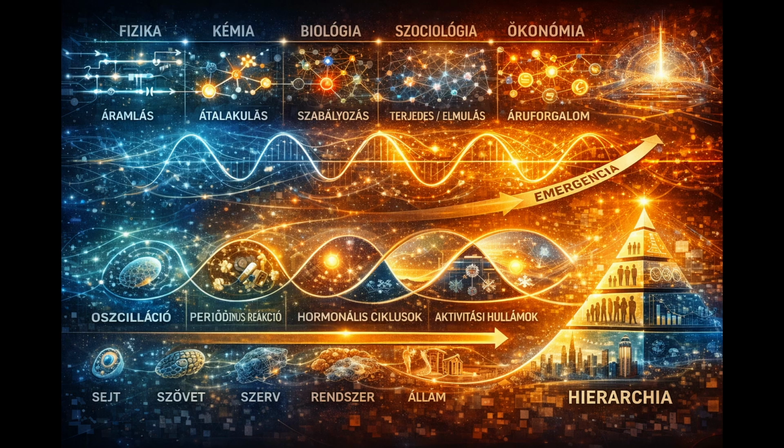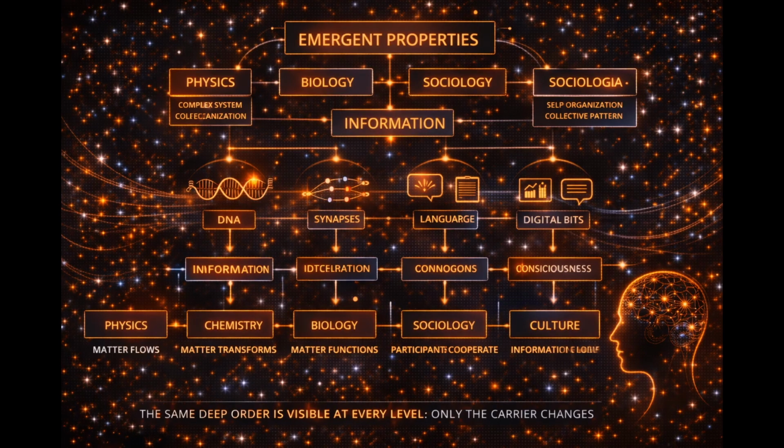Where difference exists, flow begins. In the cell, ions flow. On the planet, air and water flow. In society, information flows. In the economy, capital and goods flow. This is not metaphor, but an organizational law. Without gradient, no movement.